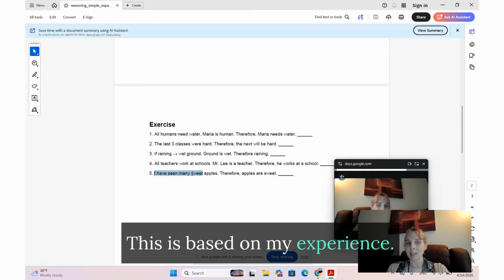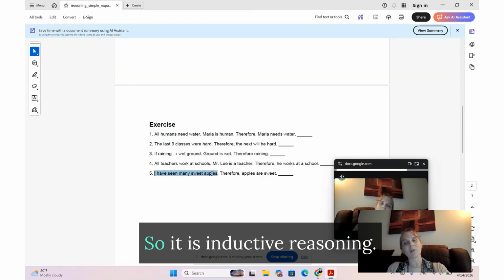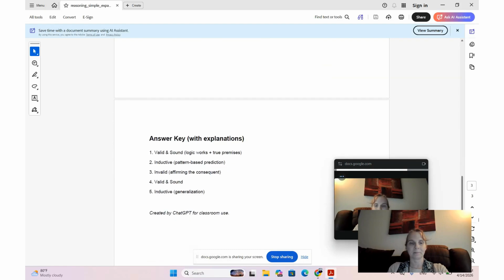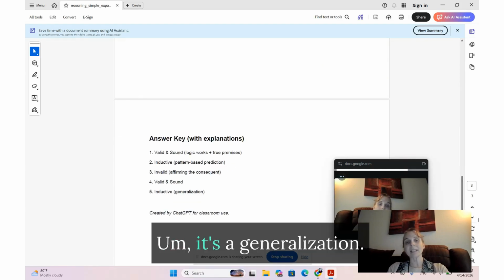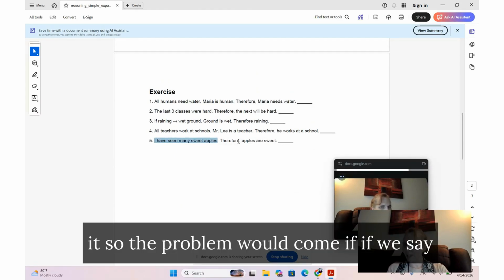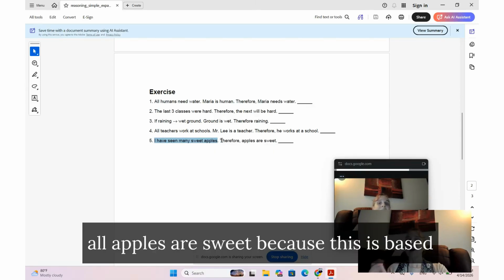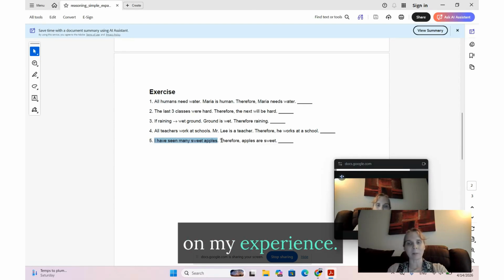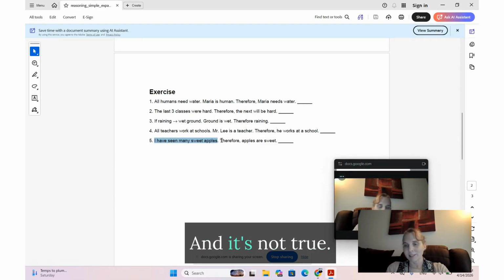Okay, so I have seen many sweet apples, therefore apples are sweet. This is based on my experience. So it is inductive reasoning. It's a generalization. It makes sense again to generalize, but the problem would come if we say all apples are sweet, because this is based on my experience and it's not true.